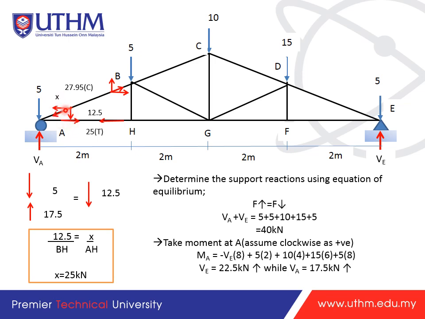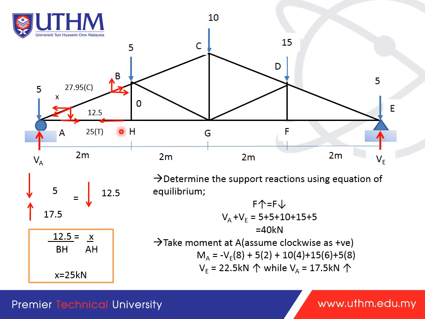So to make it stable to the left, to the right, this part also makes it stable opposite from here. So we have 25. The member will be in tension forces. Okay, so we can go to the next one.